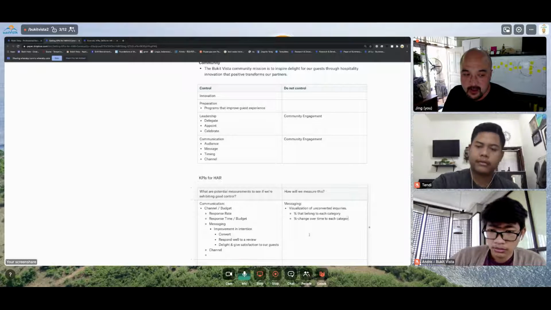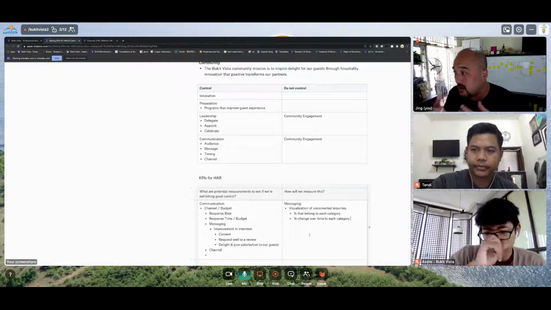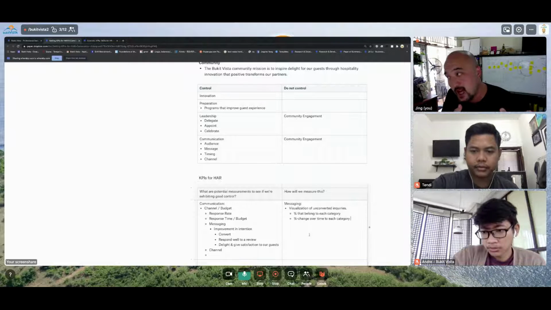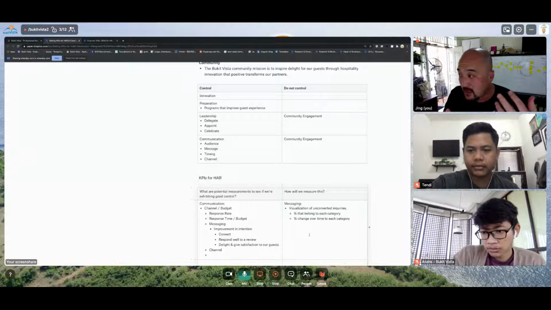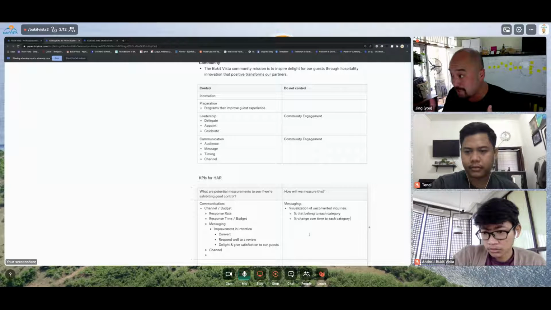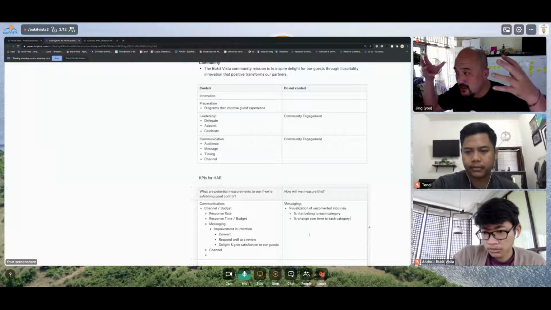So if what you see today is that 30% of our inquiries are in negotiation, and then over time it goes down to 20%, 10%, 5%, then it seems like we're negotiating better. That would give you a zoomed out look.